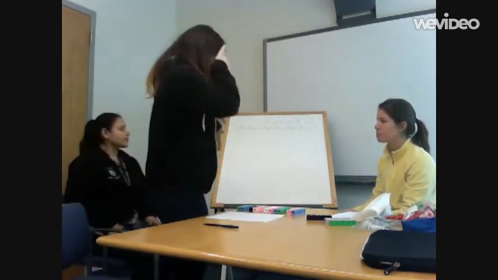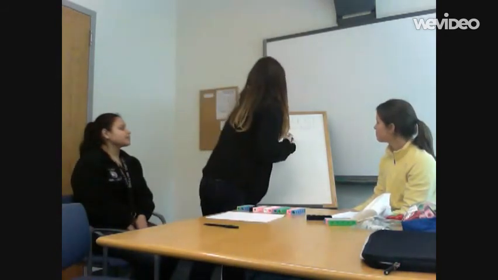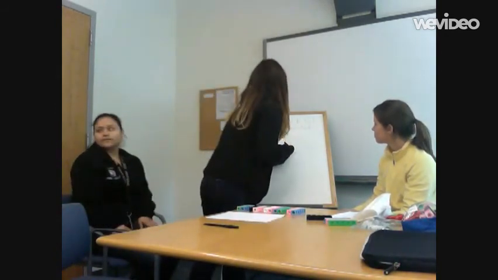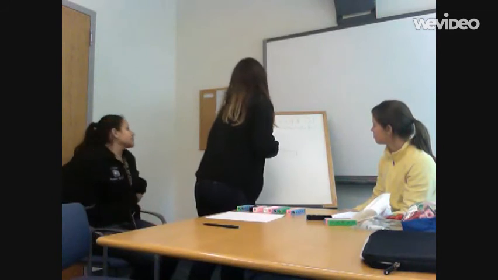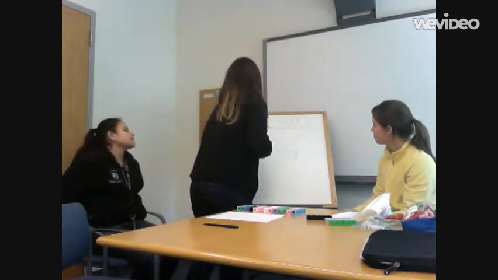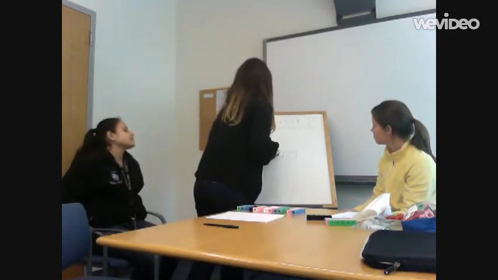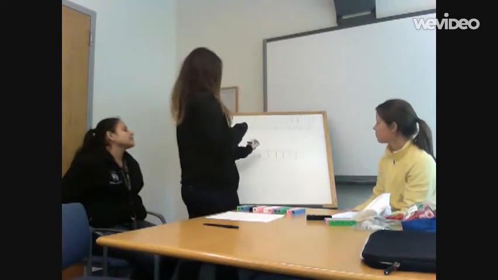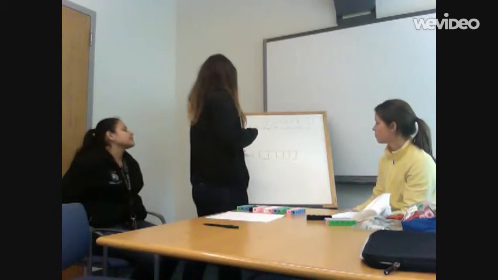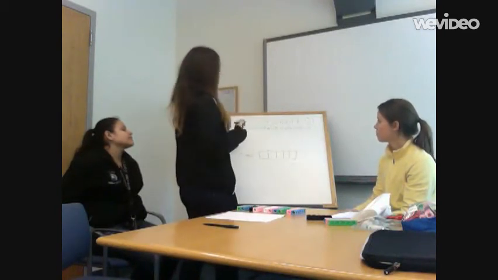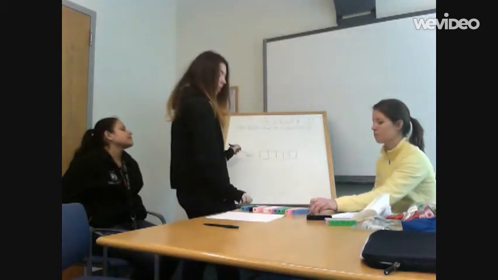So the first way we used was we used the blocks that we had. So we had 1 row of 5, so this was 1 floor, and basically we just took 10 floors.